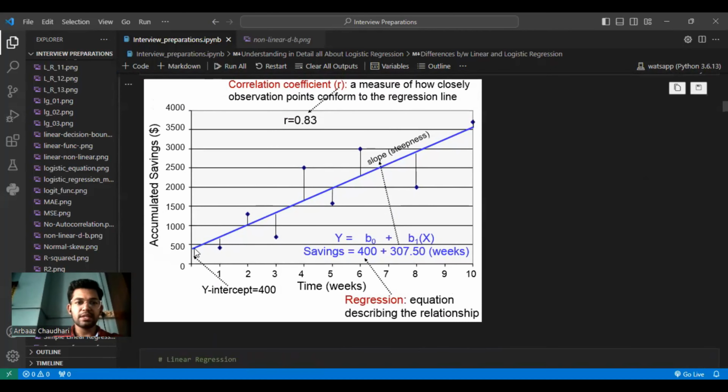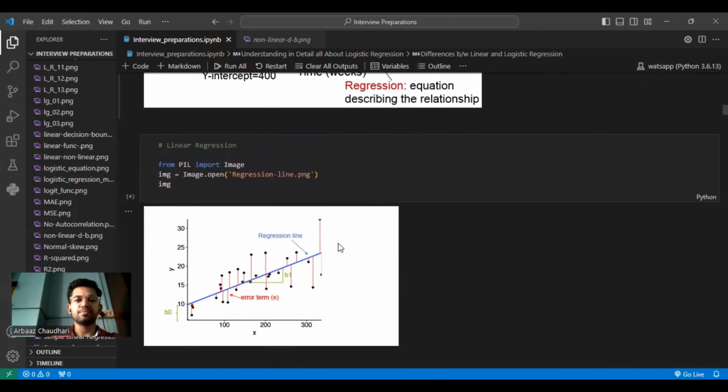So this is the line which we were seeing in the linear regression. This line was meeting the y-axis over here, so this is the constant for this line. In logistic regression also, if the data points are separable by a single straight line, it meets the y-axis at some point. That is the constant term, that is the intercept.